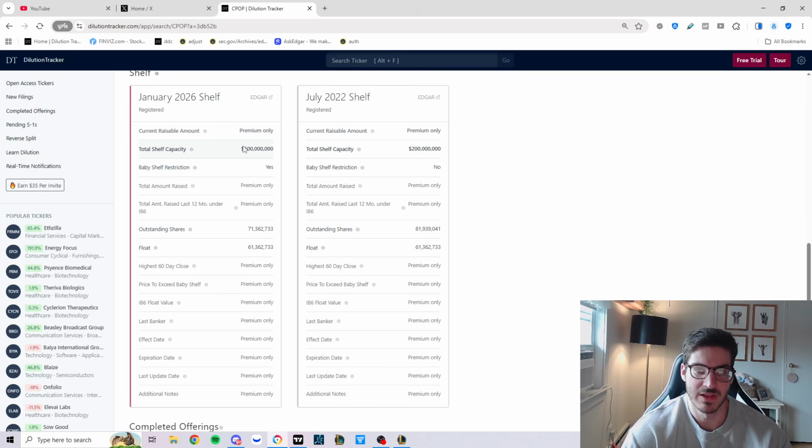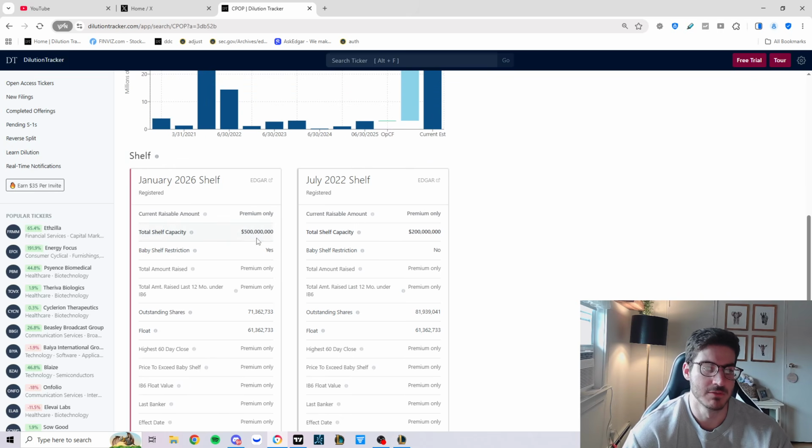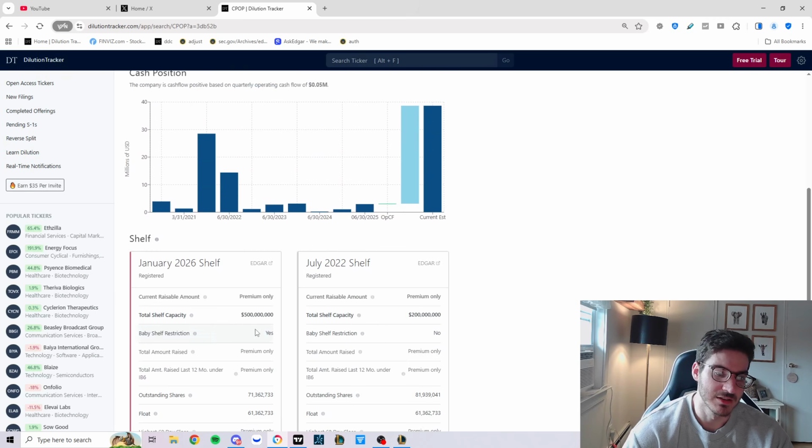For example, CPOP has a $500 million shelf, so this will probably last them their entire existence. It allows them to dilute, and if it expires, they could just file it again and dilute.